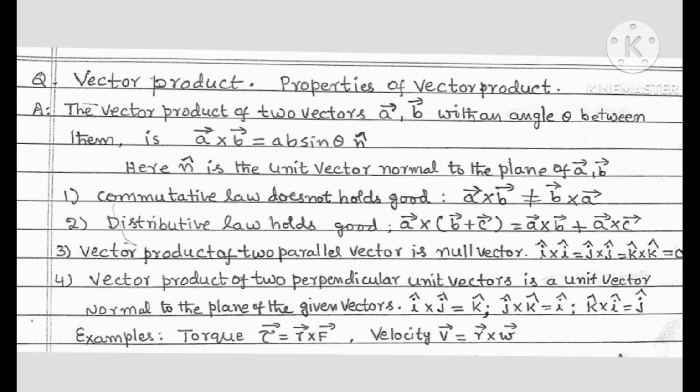Example: i bar cross j bar is equal to k bar, j bar cross k bar equal to i bar, k bar cross i bar equal to j bar. Examples of vector product are torque tau bar equal to r bar cross f bar, and velocity v bar equal to omega bar cross r bar.